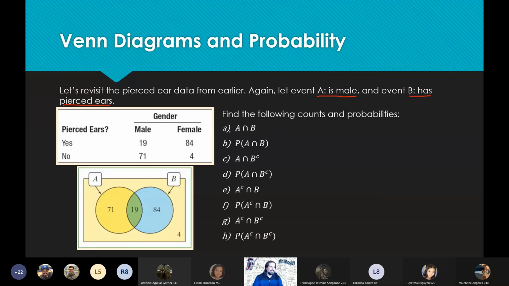So first part here, A intersect B. How many things are in A and B? Male and has pierced ears. We did this one on the previous set of examples. We know that that is 19. So then the probability of A and B occurring will be 19 out of 178, as that was the total number of people in this survey.